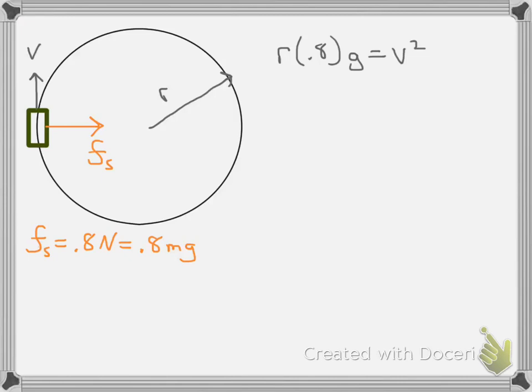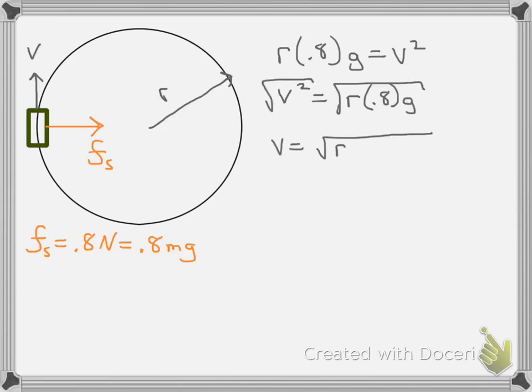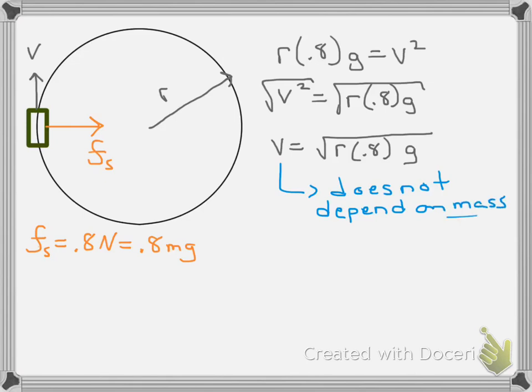So here's what we had on our previous page. Let's solve for the velocity, to see what speed this car can have going around this curve. If you look at our formula, velocity equals the square root of radius times 0.8 times g.